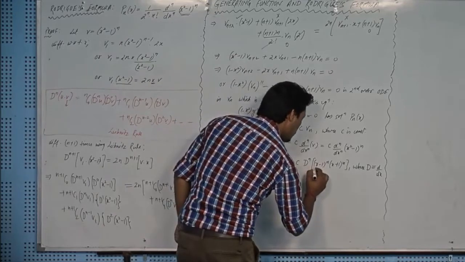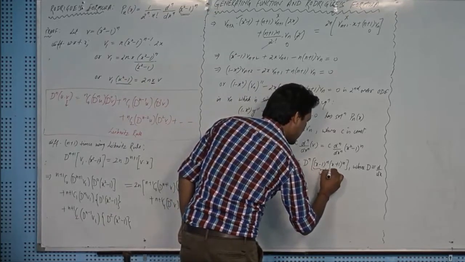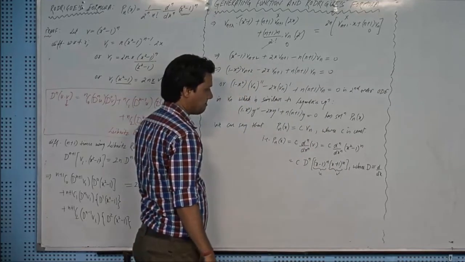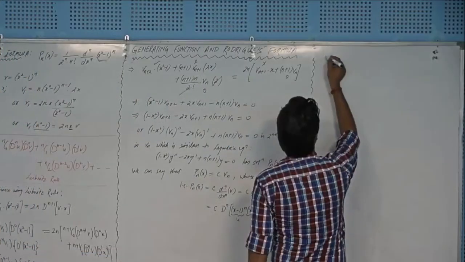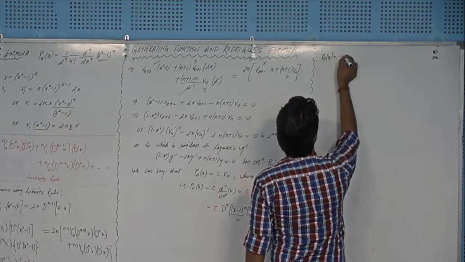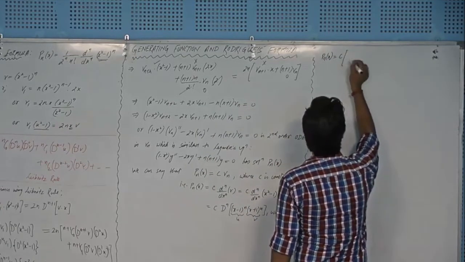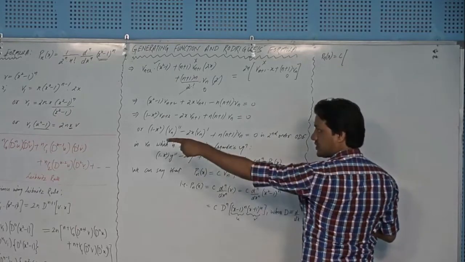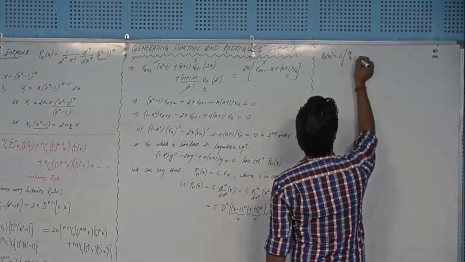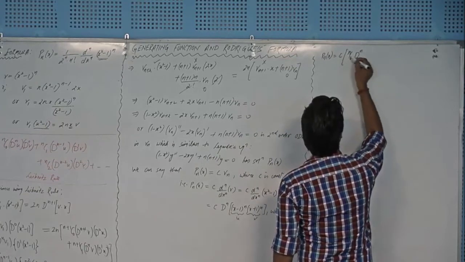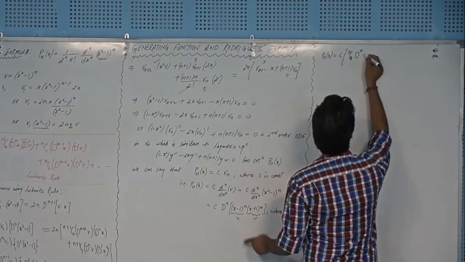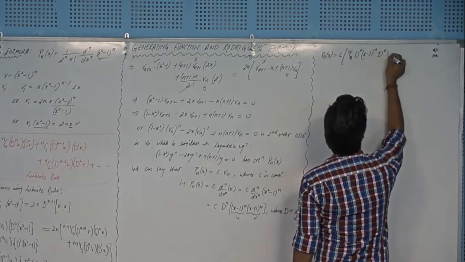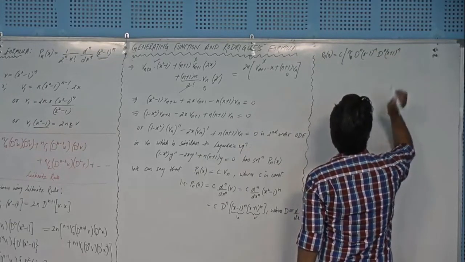So treating this as u and this as v, I will write here C times the first term, which is nC0 D^n of u, where u is (x minus 1)^n, and D^0 of (x plus 1)^n. This is my first term.